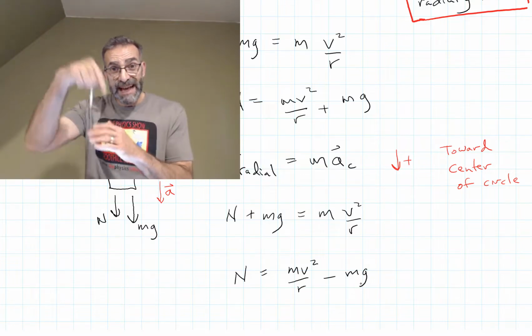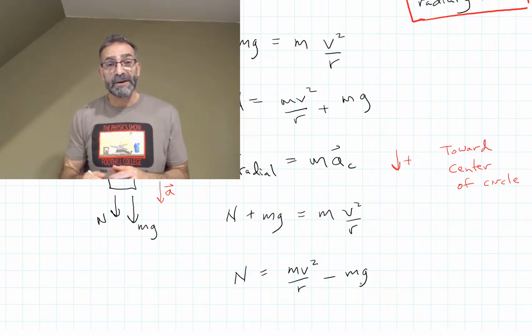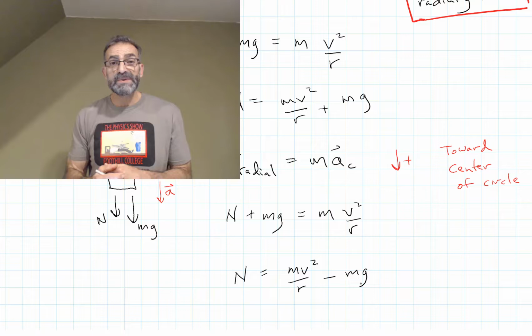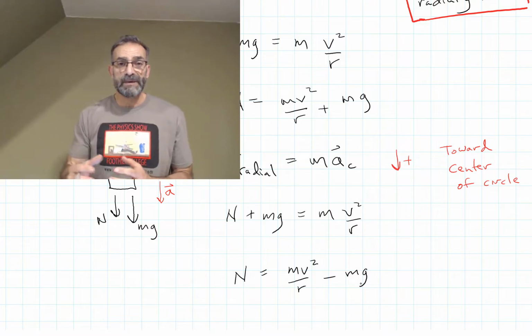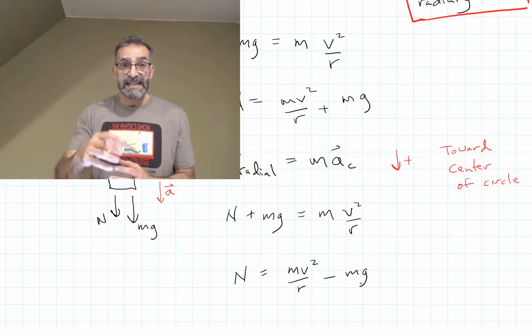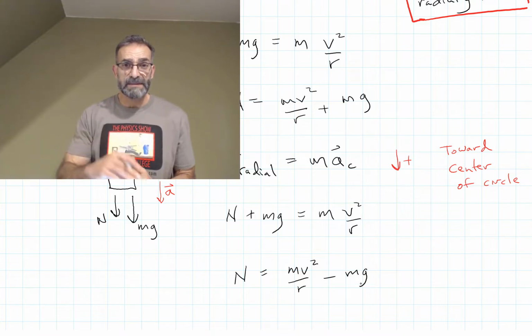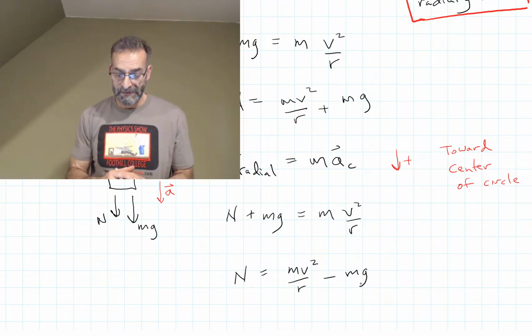So the track doesn't have to push as hard on the car here as it did at the bottom at point B. We're using the force of gravity to provide part of the centripetal force, part of the force required to keep this object moving in a circular path.